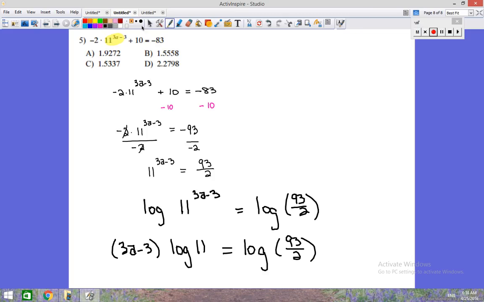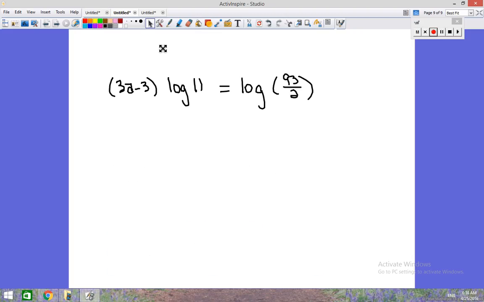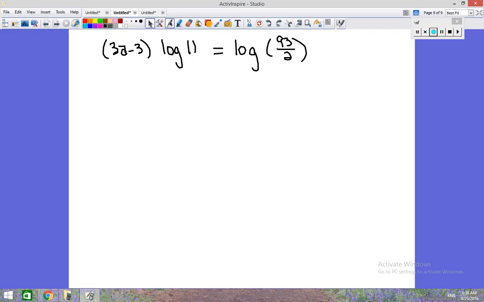Alright. Let's copy this onto another page. We have multiplication. The inverse of multiplication is division.